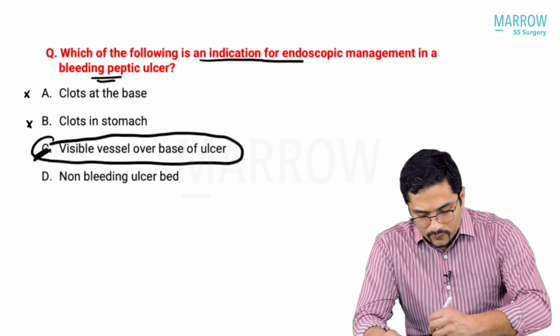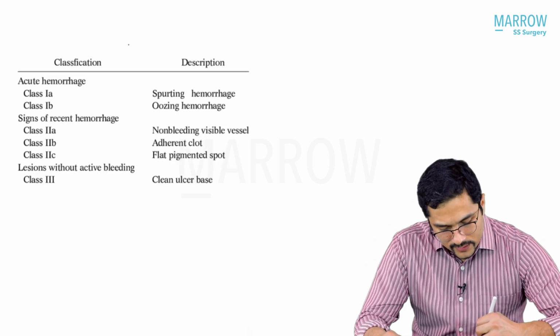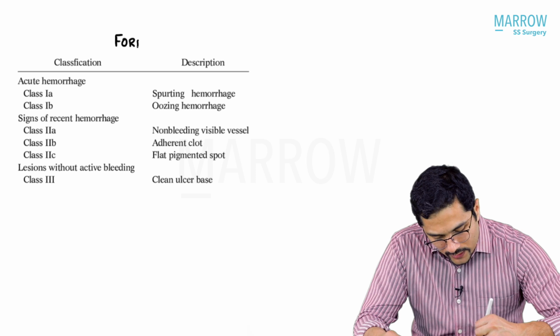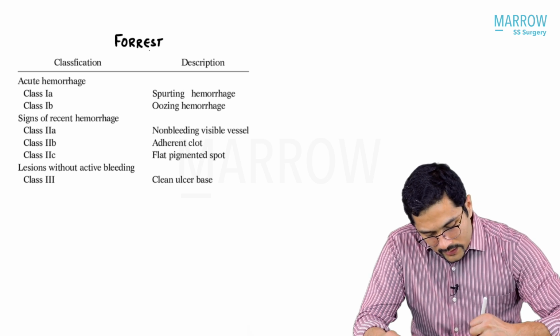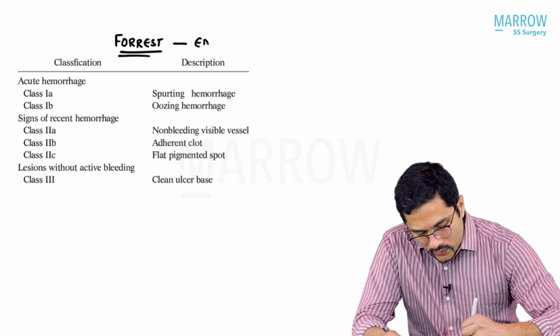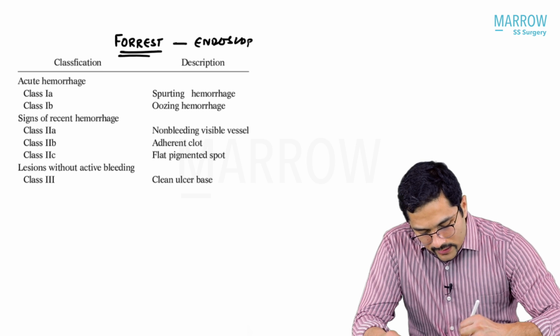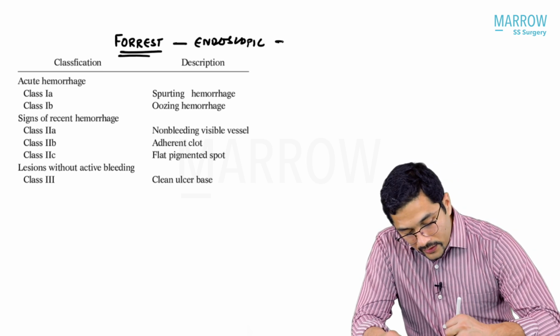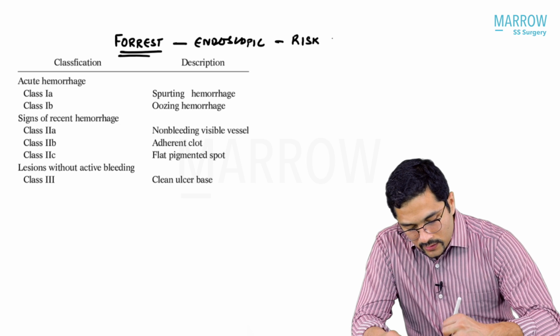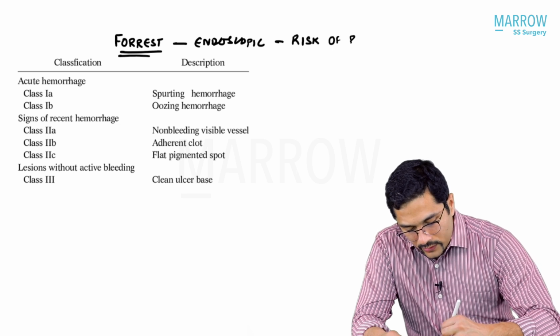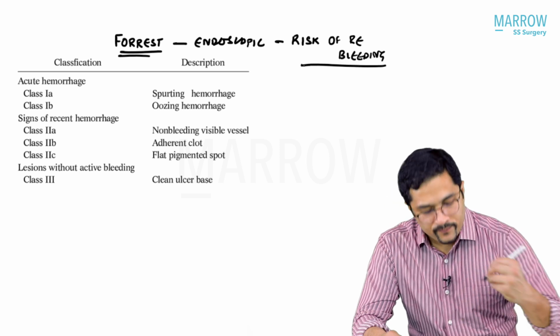This is based on the Forest classification. This Forest classification is an endoscopic classification which tells us about the risk of rebleeding. That is what we get to know from the Forest classification.